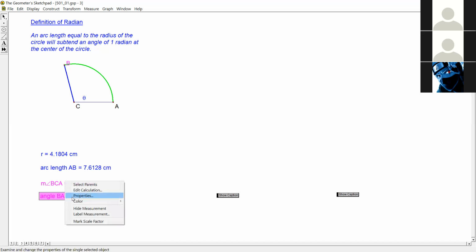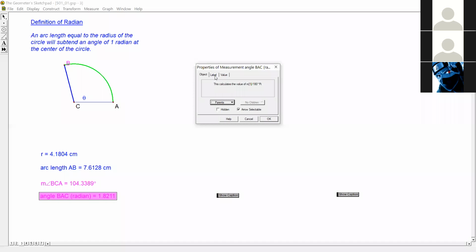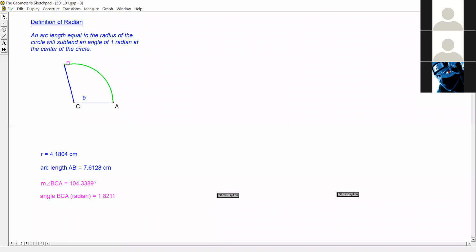Wait a moment. Okay, BCA already. Now this is BCA in degrees. This is BCA in radians. So the same angle is measured in two different units. One is angle in degrees, the other is in radians.